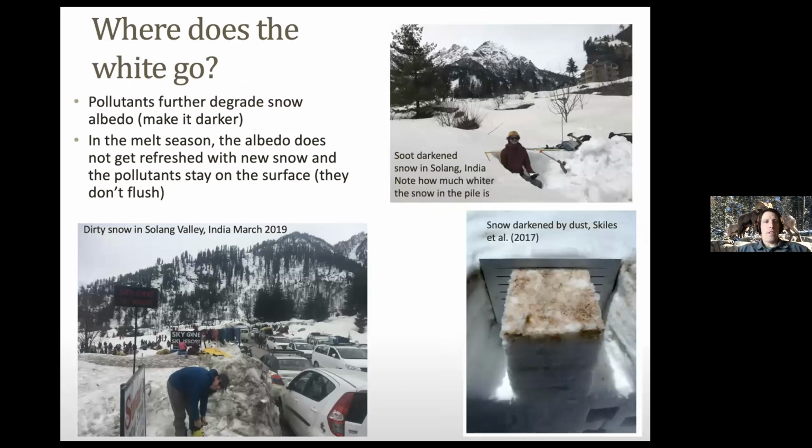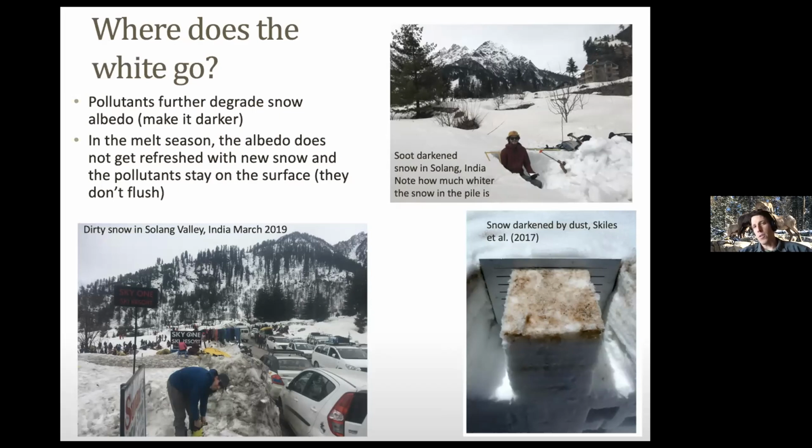Okay, so what else happens with the white? Well, pollutants are also something that make the snow darker, and this is a big deal because we have anthropogenic pollutants like soot, which is probably the biggest one, and so-called natural pollutants like dust.